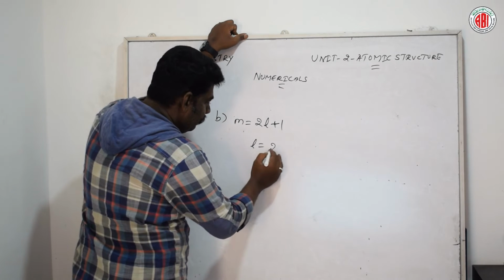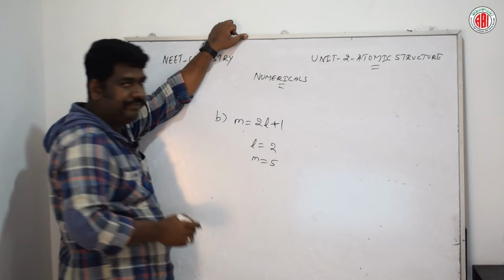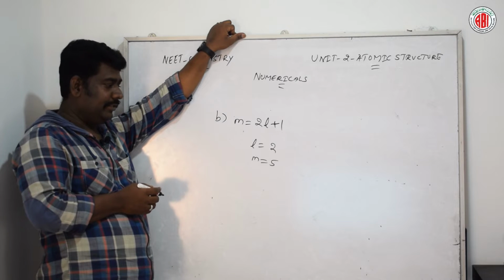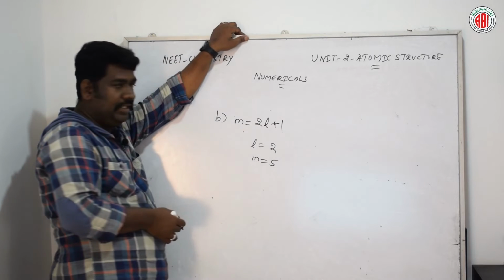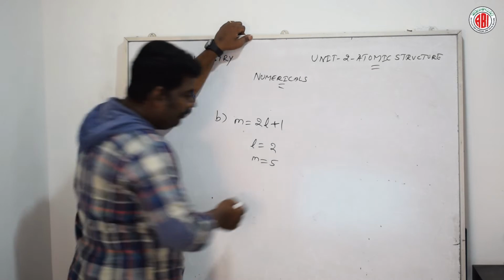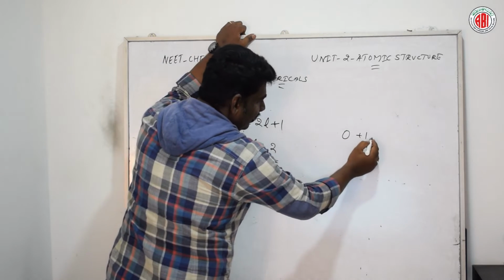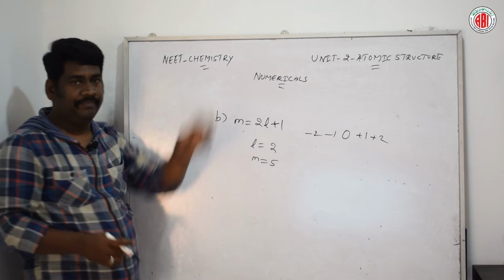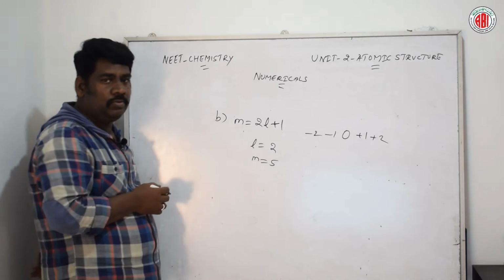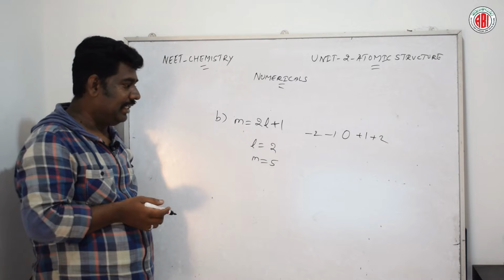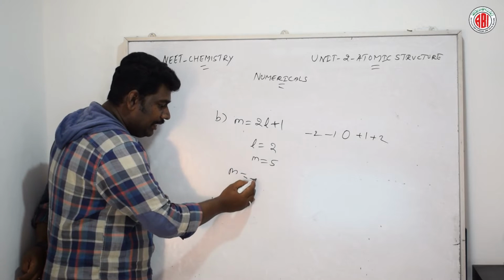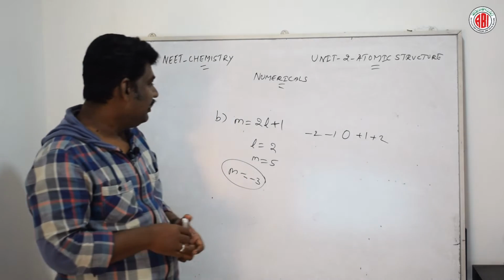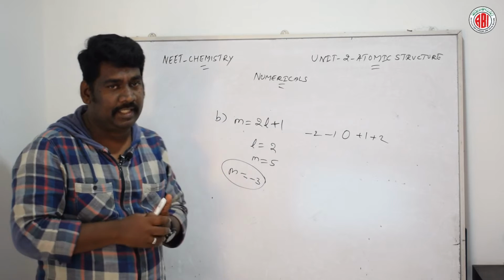The ml values would be 0, plus 1, plus 2, minus 1, minus 2. 1, 2, 3, 4, 5. 5 values are there. Therefore, for L equal to 2, m cannot have the value of minus 3. So that is wrong, and this is not permissible. I mean, option B is the right answer.